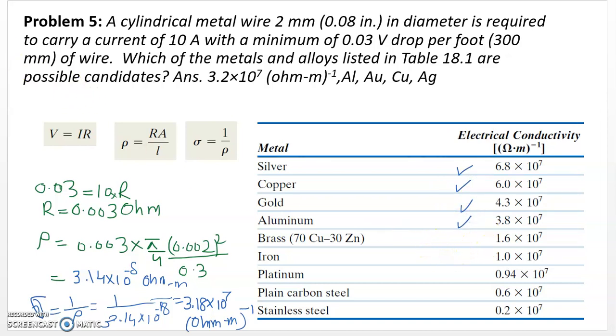Brass is not acceptable, iron is not, platinum is not, because these have conductivity values less than the needed value. So we can choose aluminium, copper, gold and silver.